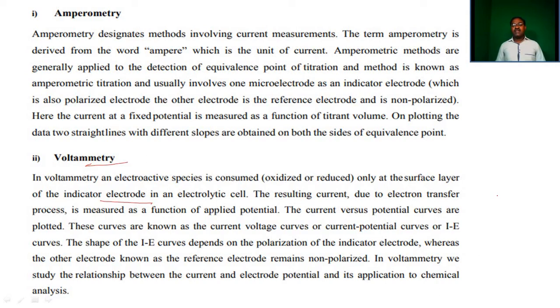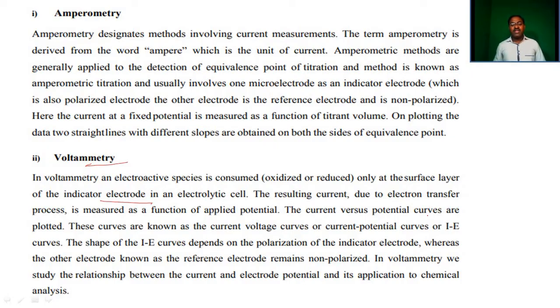The resulting current due to the electron transfer process is measured as a function of applied potential. The current versus potential curves are plotted. These curves are known as current voltage curves or current potential curves. Simply that is IE curves. I means current, E means voltage.